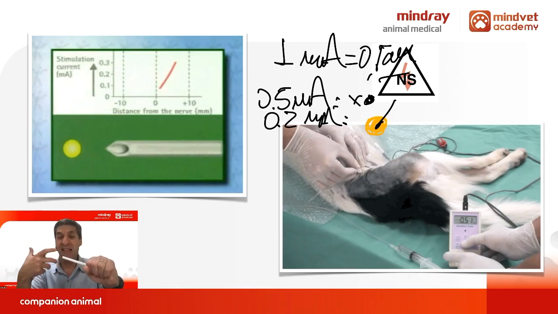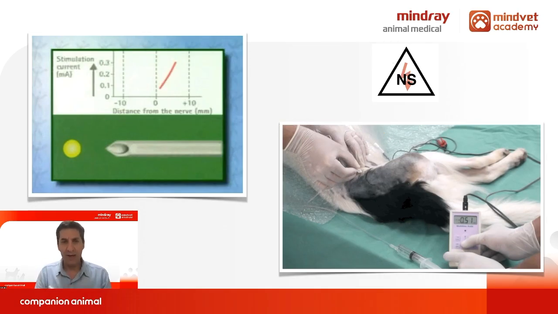But if you make the injection inside the nerve, the consequence will be dramatic, devastating. So there is a rule. We are going to speak about the rules to avoid intraneural injection, but we should follow this rule every single time we make an injection.